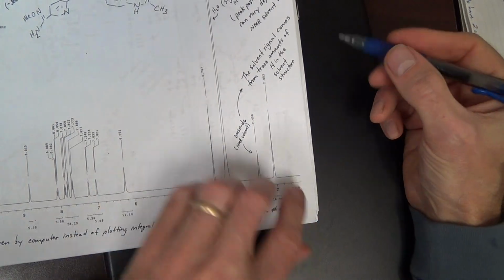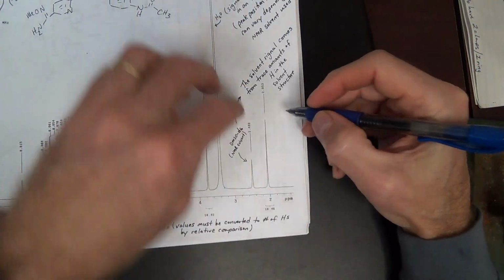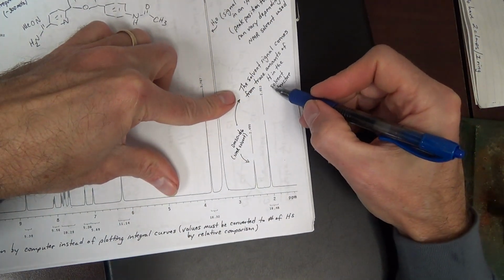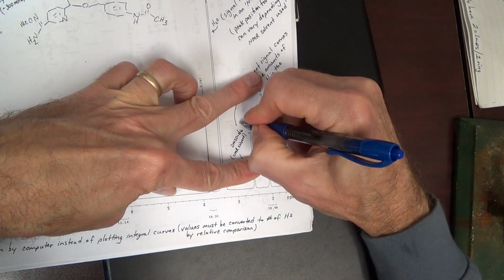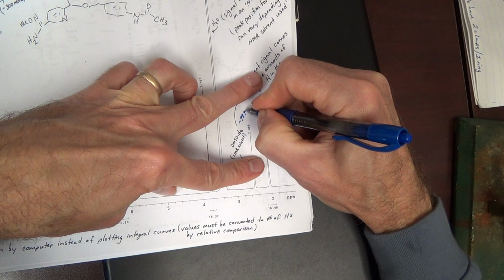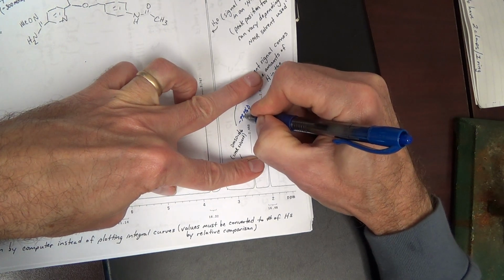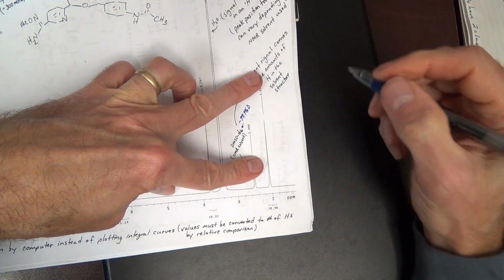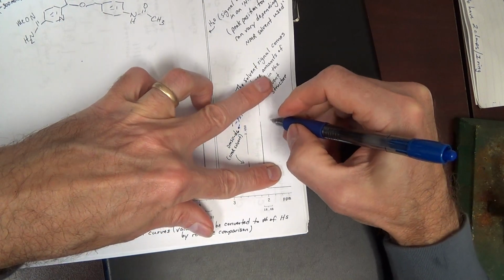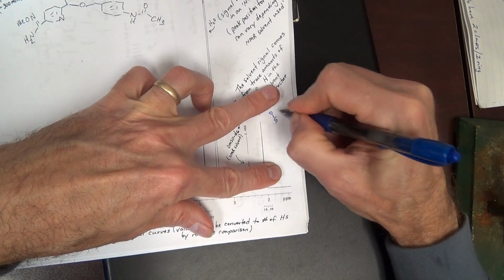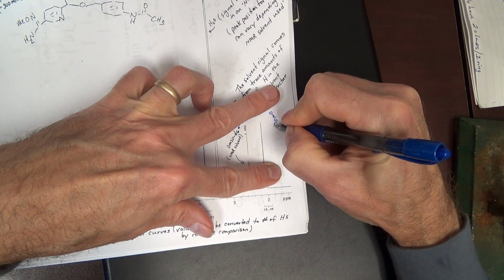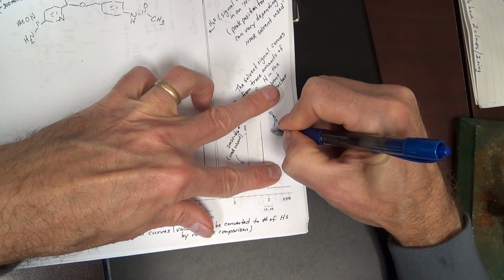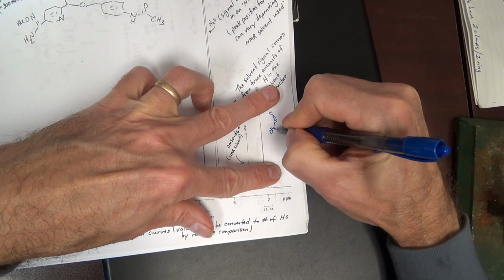What gives a signal is some residual hydrogens on the DMSO D6, okay, because this is only like about 99.9% D. That is, you probably have some solvent molecules which have maybe, I'm going to draw this CD3.